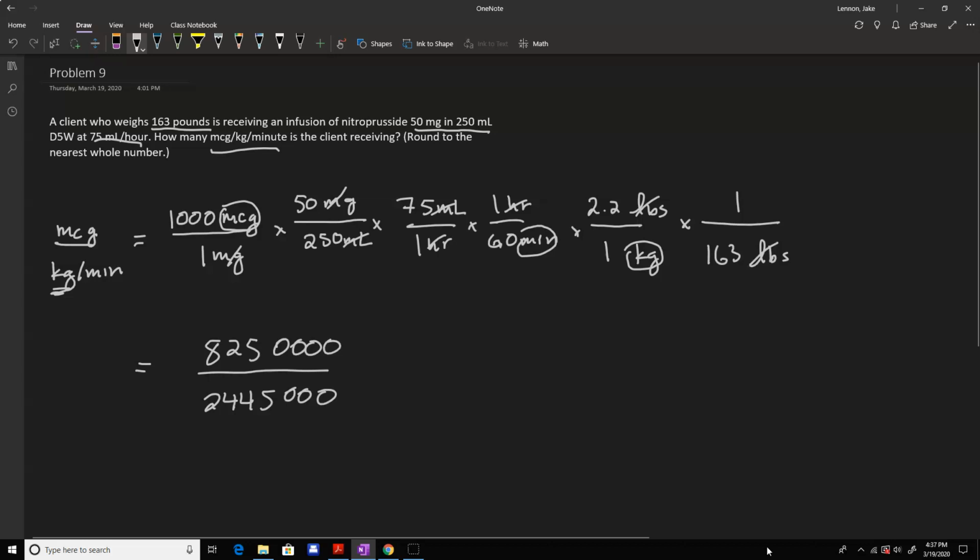So that's 2,445,000. And then plug that into the old calculator to figure out what's going on. So round to the nearest whole number. Well, I'm getting 3.37, so this just comes out to 3. And then our units are micrograms per kilogram per minute.